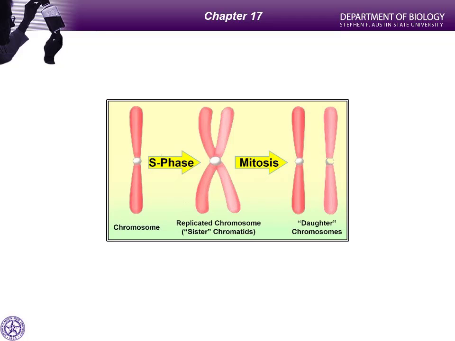I don't even like it when they put replicated chromosome. I wish they would put that in parentheses, but it's a sister chromatid. And then the process of mitosis is going to be used to pull those chromatids apart into individual chromosomes. One's going to go to one daughter cell, the other's going to go to the other daughter cell. All right, so that's why we're spending a little bit of time trying to understand the players that we're going to be moving around in the process of mitosis.